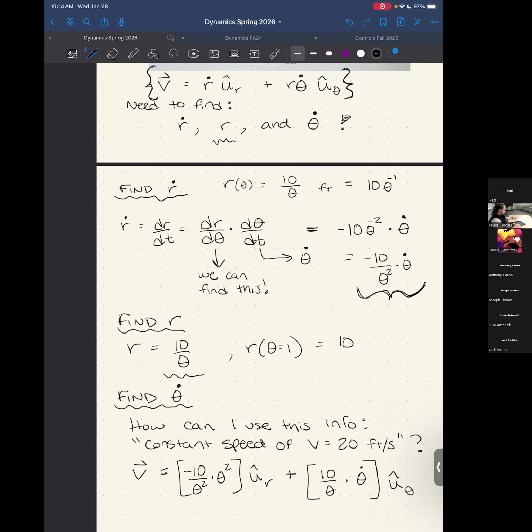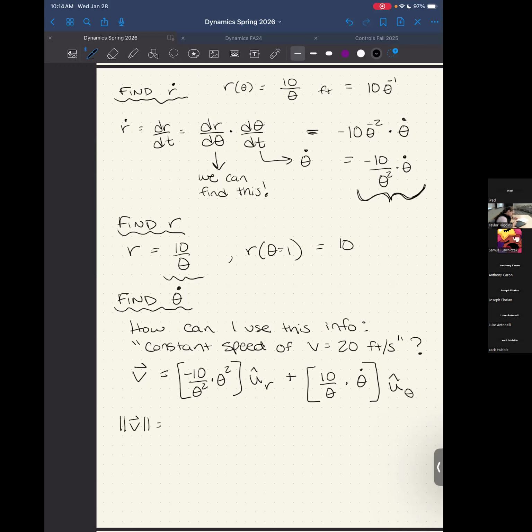Okay, now I need to take a magnitude. So the magnitude of the velocity equals the square root of each component squared. So minus 10 over theta squared times theta dot, squared, plus 10 over theta times theta dot, squared. And all of that, given to us in the problem, is 20 feet per second.